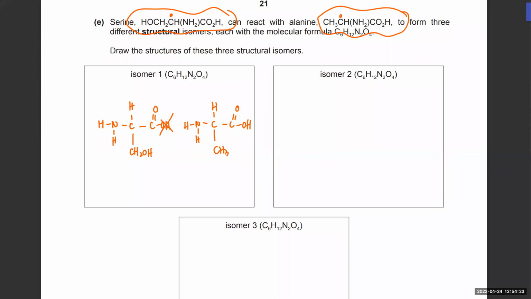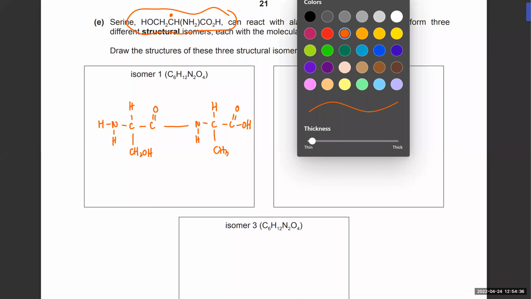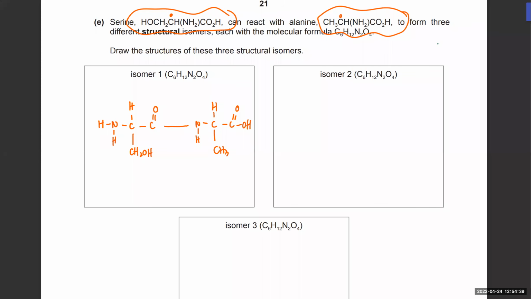So the OH and the H would be gone from the middle, and they would form an amide link. There's going to be a condensation reaction. Is that clear? Yes. The second one could be the other way around: this one comes on the left side and this one on the right side. I mean, switch the positions.